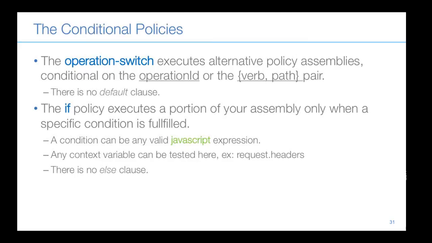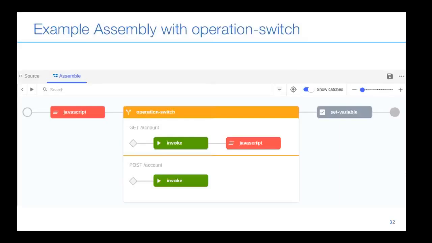However, the operation switch doesn't provide a default case. The if policy can execute a portion of the assembly when a given condition is evaluated as true. A condition can be any valid JavaScript expression. Therefore, with the if policy, assembly developers can test a context variable and execute one or more policies if and only if the condition tests true. We need to note the if policy doesn't provide an else. Next slide.